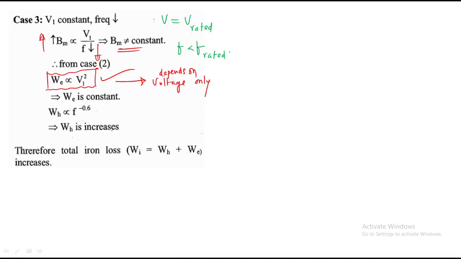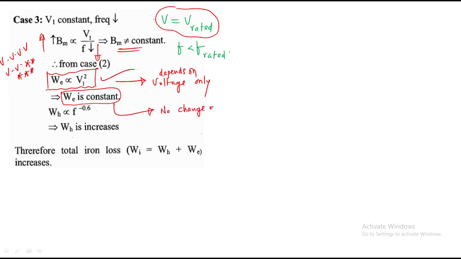Since V is V rated, it is irrespective of frequency changes, so the eddy current loss is constant. This is a very important case. In a transformer operated at rated voltage with reduced frequency, there is no change in eddy current loss.